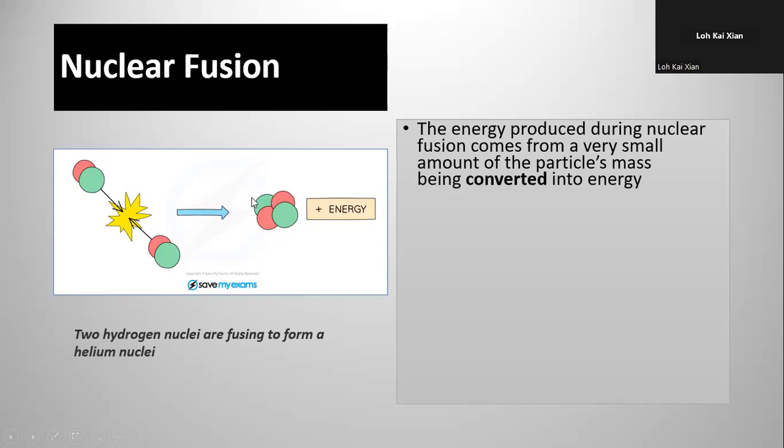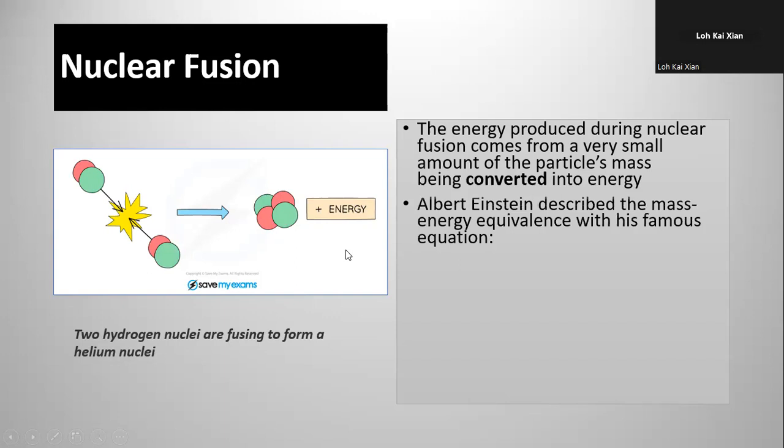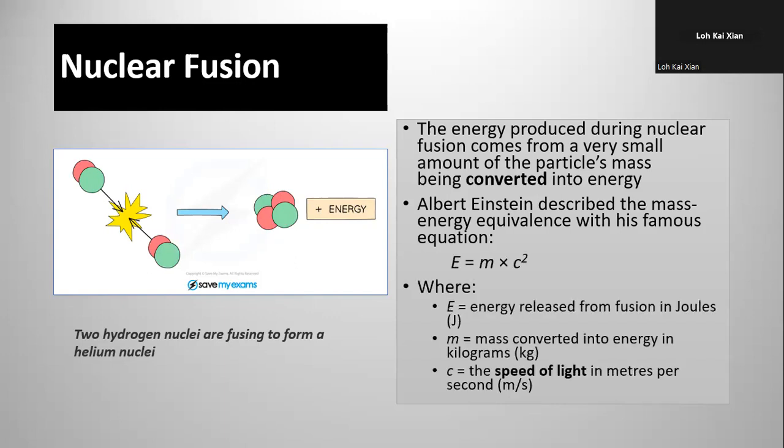So the difference in mass appears as energy here. Albert Einstein described the mass-energy equivalence with this famous equation, E equals mc squared. E is the energy released from fusion in joules. m is the mass converted into energy in kilograms. c is the speed of light.